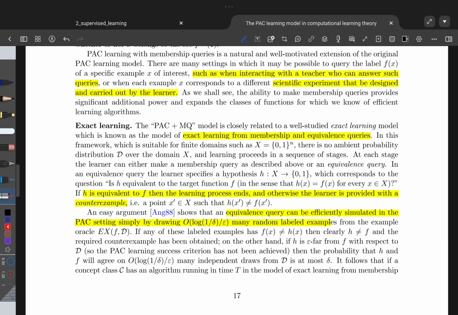Would that not be computationally very expensive? Like finding the hypothesis for all the samples again and again and seeing if it is equal? Potentially, but the goal is to design an algorithm that doesn't ask too many queries, maybe a small number of queries.